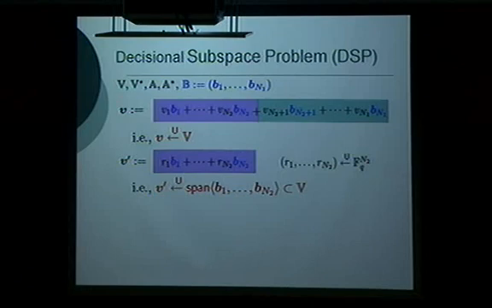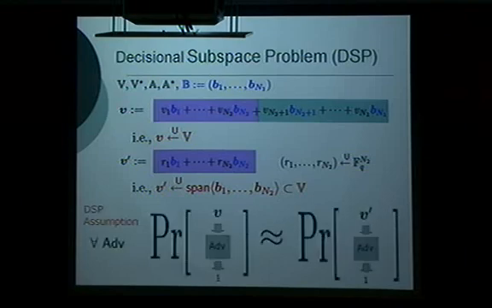It means this value is uniformly selected from this subspace. So one is uniformly selected from the whole space, and the other from a subspace. The problem is to distinguish the two cases. The DSP assumption means that the adversary's advantage in distinguishing the two cases is negligible.